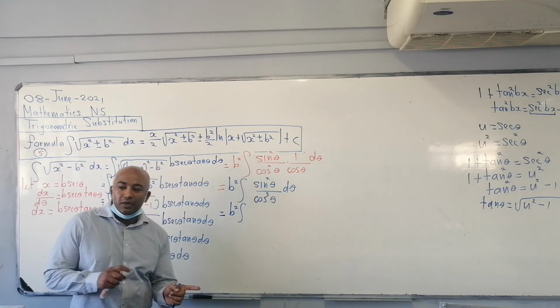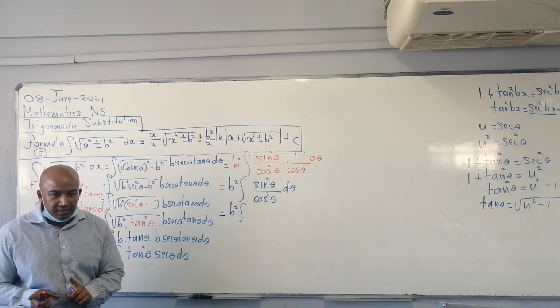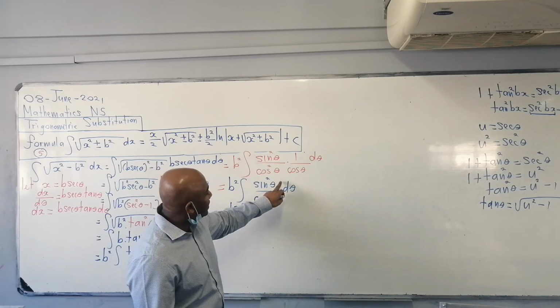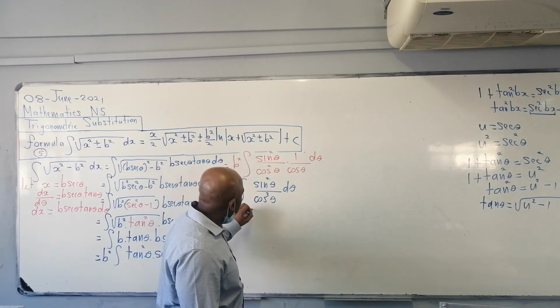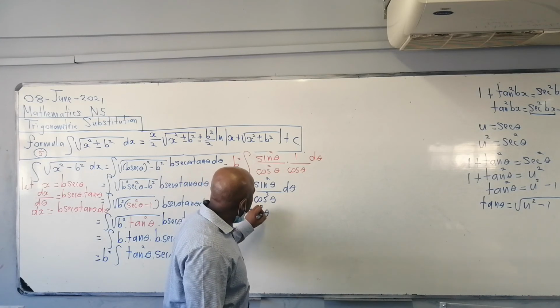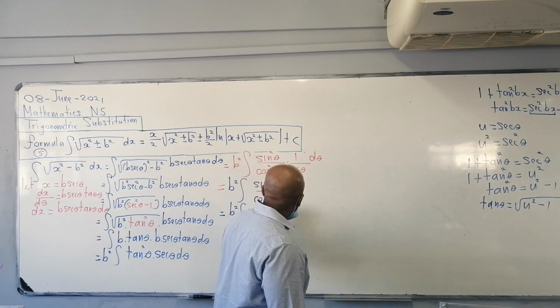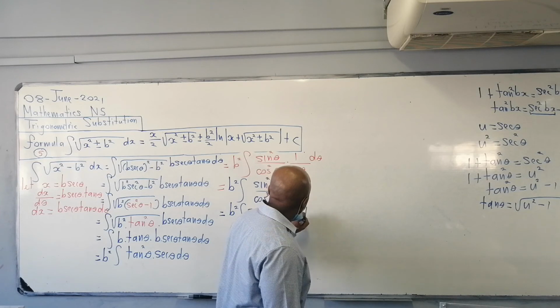If you remember powers of sine and cos, what did we do when we had sine squared over cos cubed? We would take cos to the top, then I've got sine squared times cos to the power minus 3.